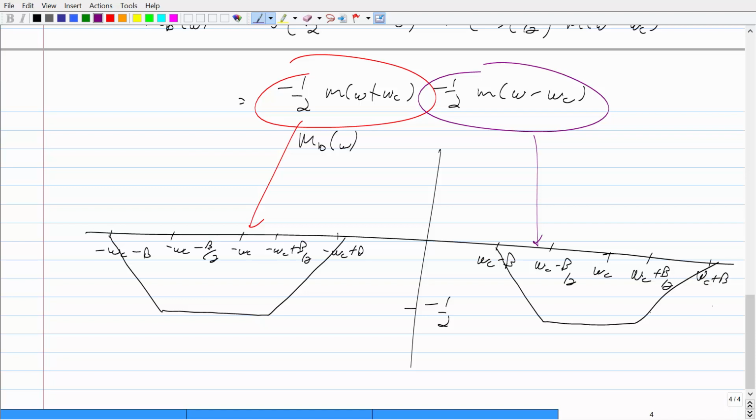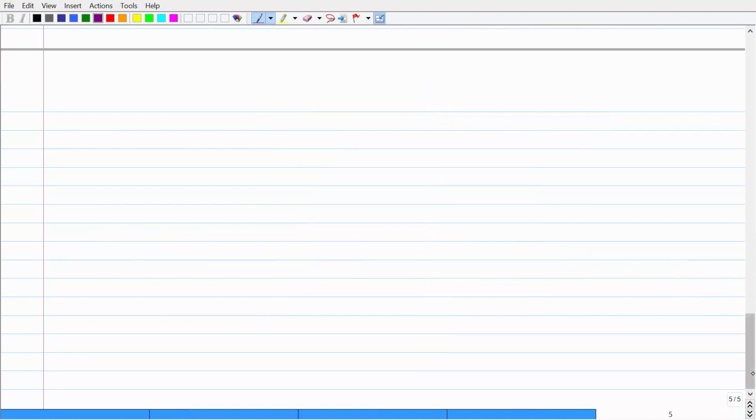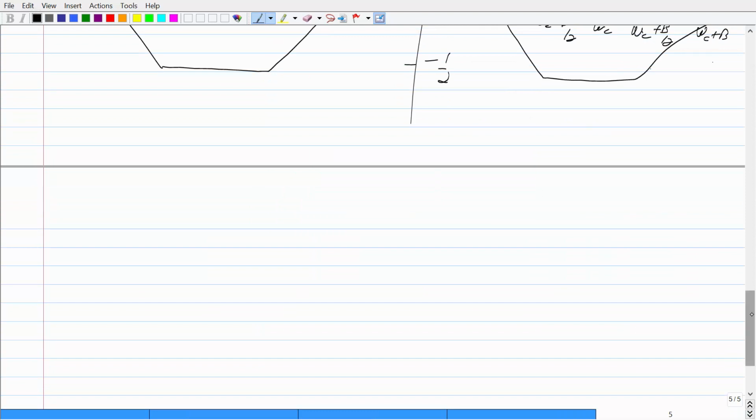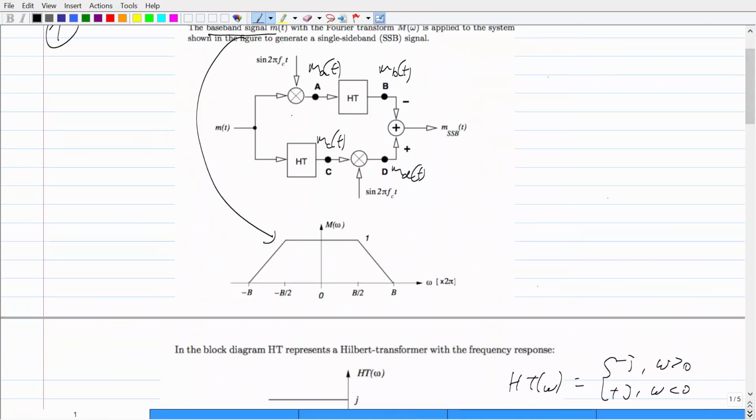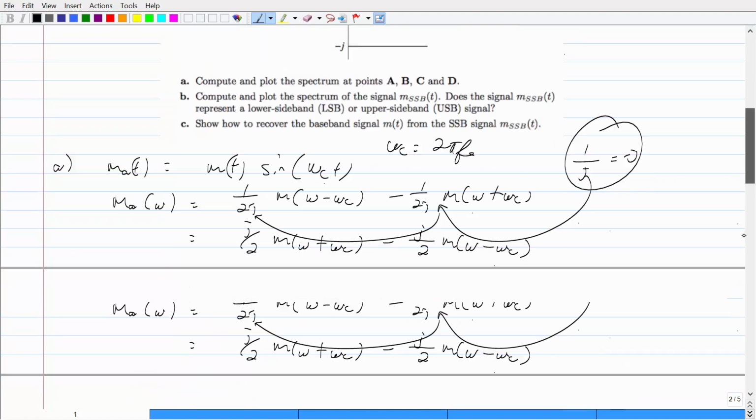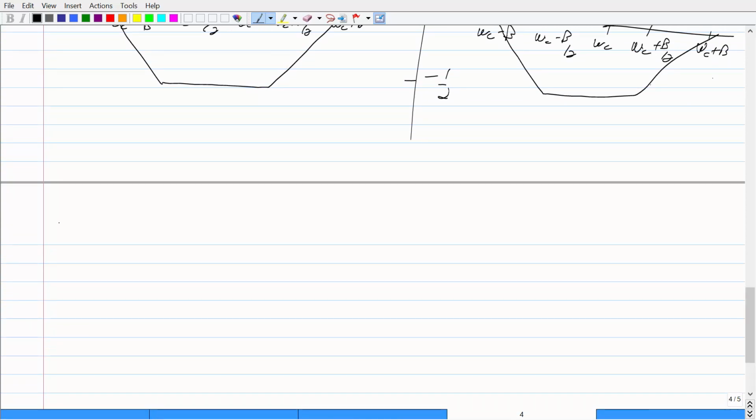You sure? Okay, part C now. Part C is basically taking your signal and doing a Hilbert transform outright. This means that any values that are less than 0, you multiply by j, and any values that are bigger than 0, you multiply by minus j. So for m of c of t, now we actually compute the spectrum.